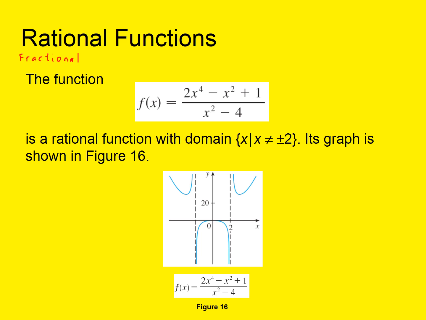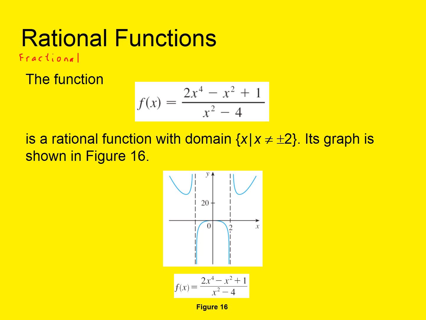So f of x here is 2x to the fourth minus x squared plus 1 all over x squared minus 4. That's a typical looking rational function. The domain is the set of all x such that x is real and x is not equal to 2 and x is not equal to negative 2.